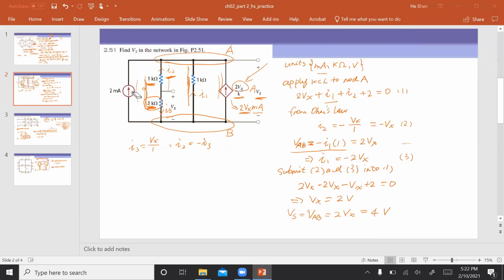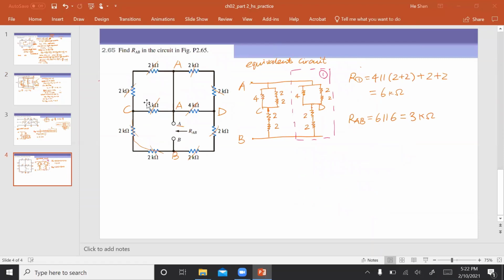So, Professor, for question 4, how did you know how to redraw the circuit? When I redraw the circuit, I'm just following the ways to find the connection between A and B. That is the main idea. Just think of a current flowing from A to B, and I will draw the equivalent circuit.